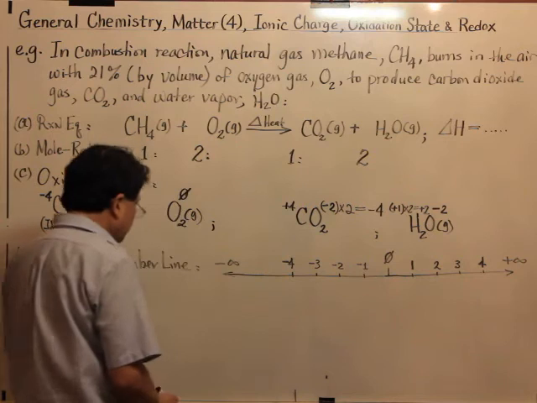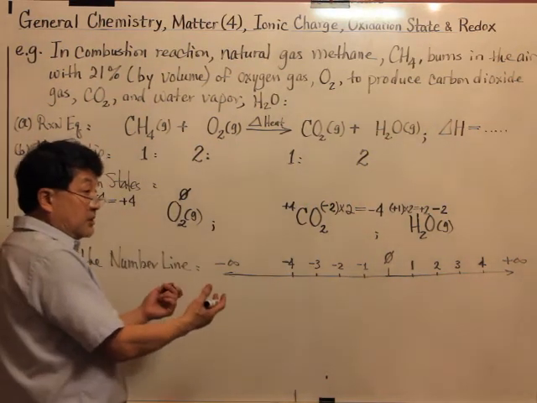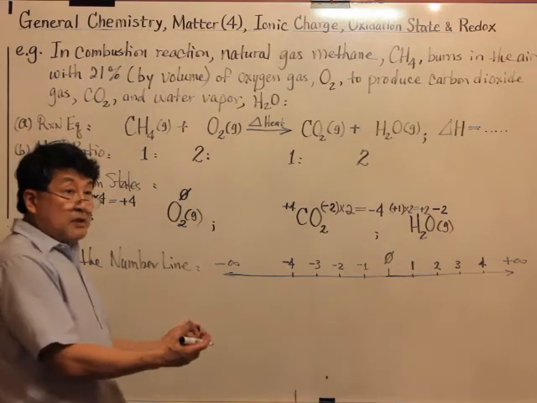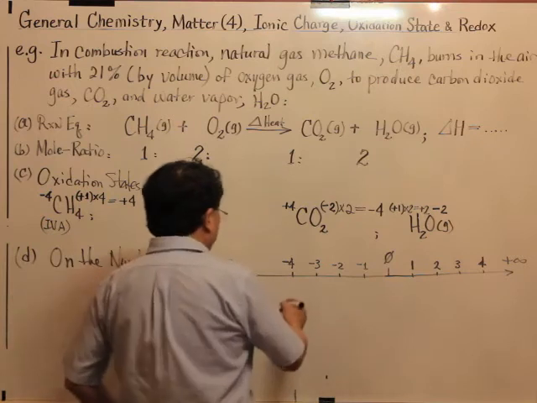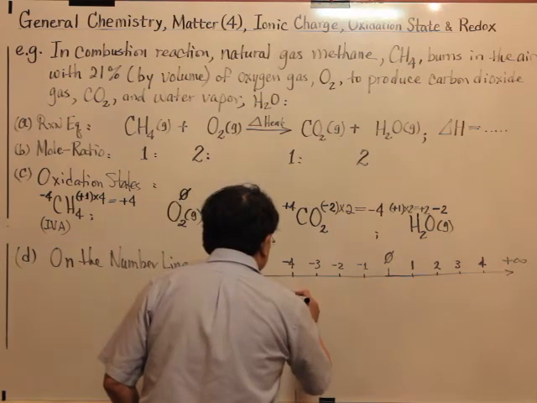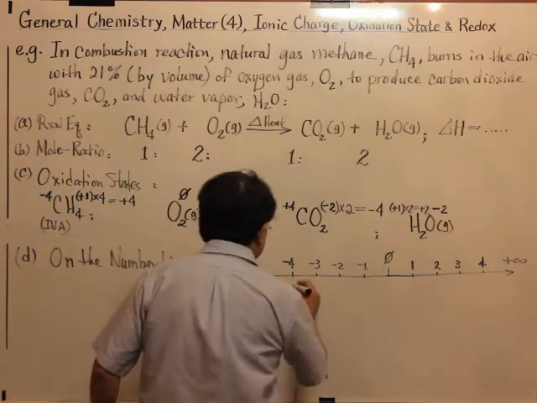Now, we already introduced this kind of concept when we talked about aluminum oxide, right? We did in the last session. So here carbon starts with -4 in what? In methane, right? It's -4.